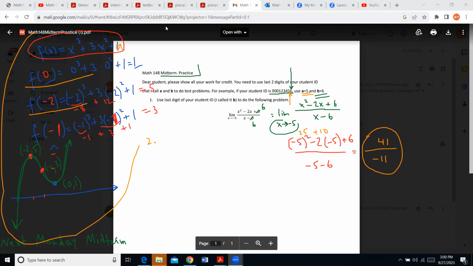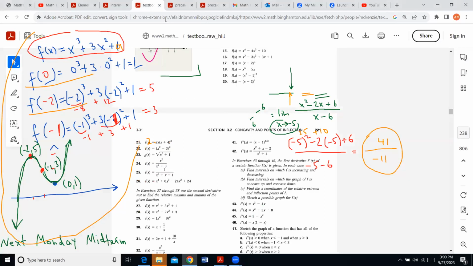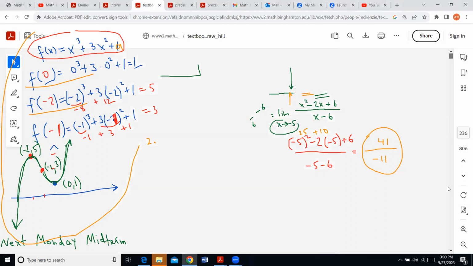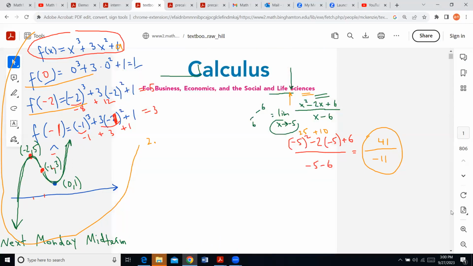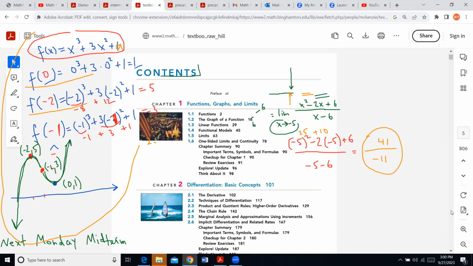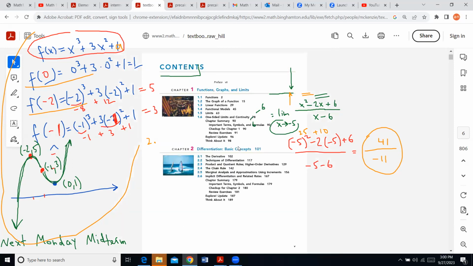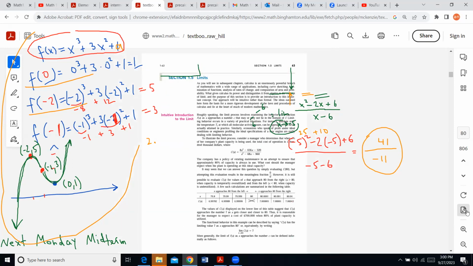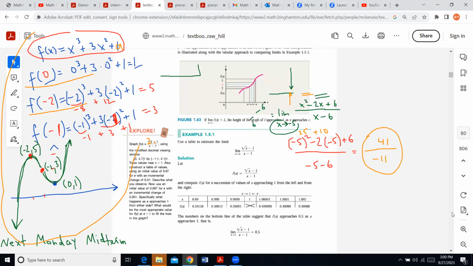I'm going to go to the textbook and find the sections that we covered so far. I guess it's in chapter 1 where we saw limits. It was sections 5 and 6, right? So I click on section 1.5 and I get this nice story of limits.